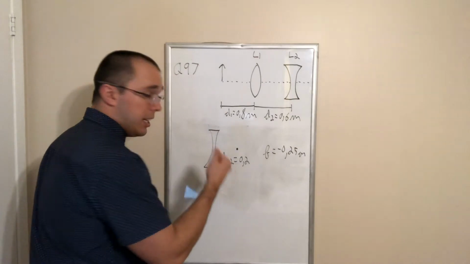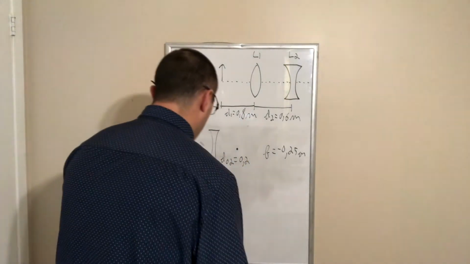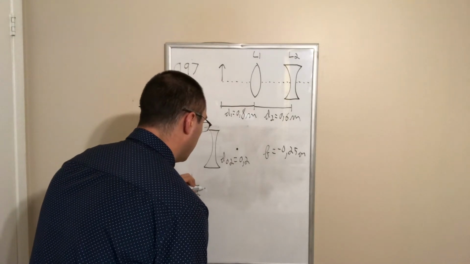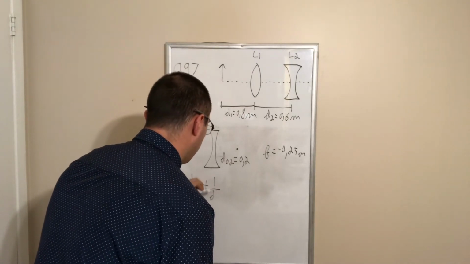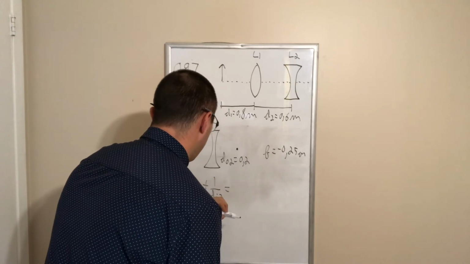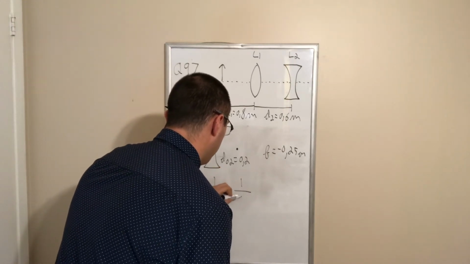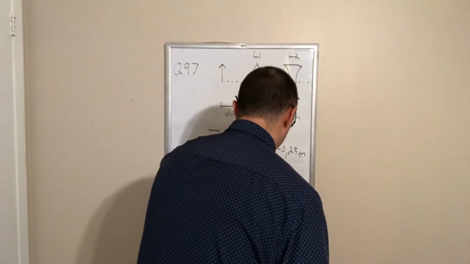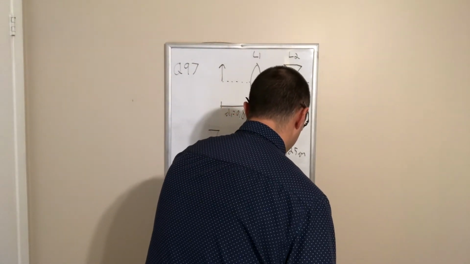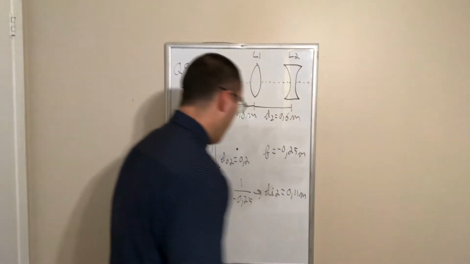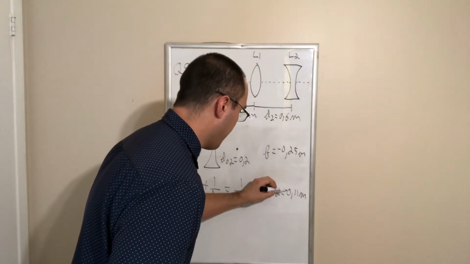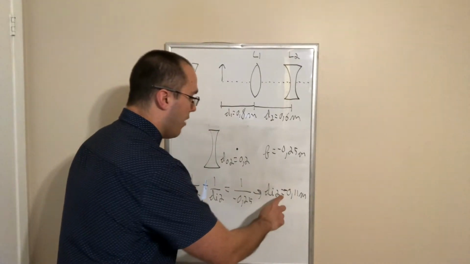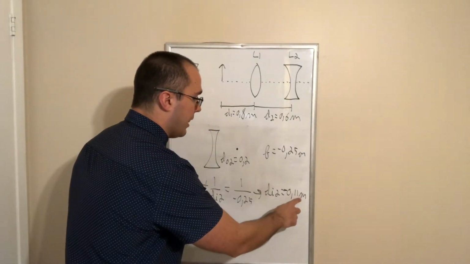So let's find the image in this case, the distance of the second image. And we get a value for the distance of the second image of minus 0.11 meter.